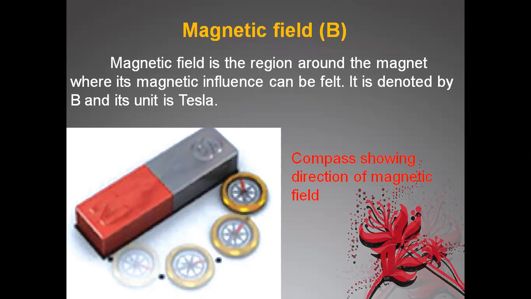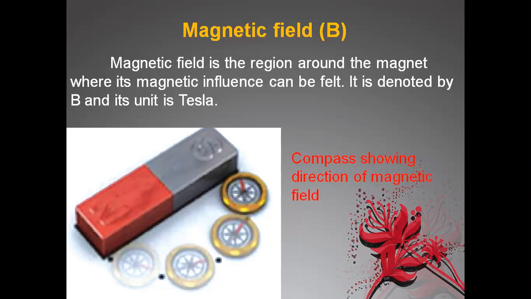There are two types of magnets: natural magnets and artificial magnets. Natural magnets exist in nature. They are deposited in rock, sand, and various places in the world.